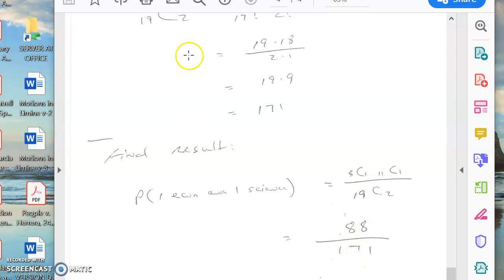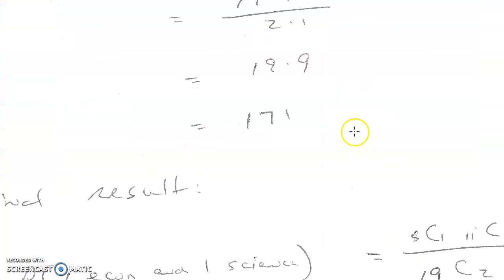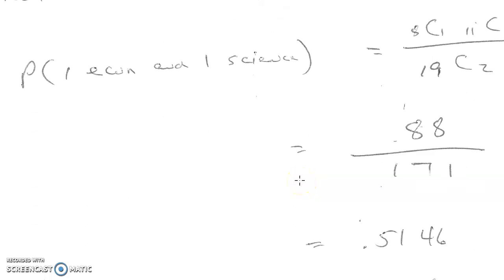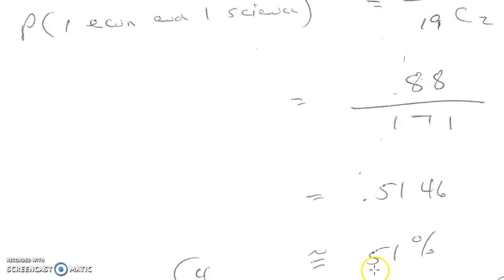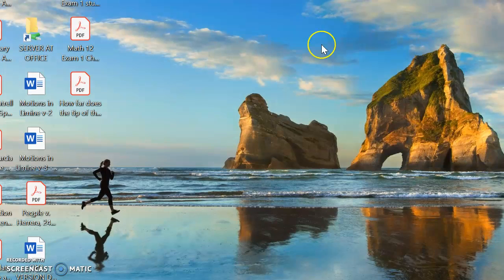On the bottom, the denominator is 171. So 88 over 171, I use my handy dandy calculator and I come up with 0.5146, which is approximately 51%. And that's exactly what the author has in the textbook.